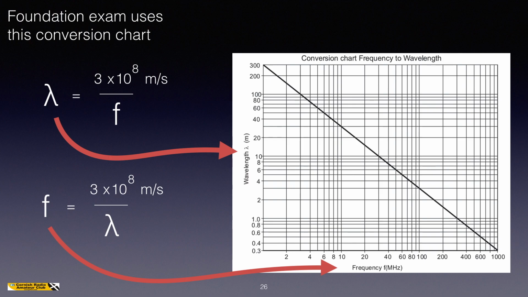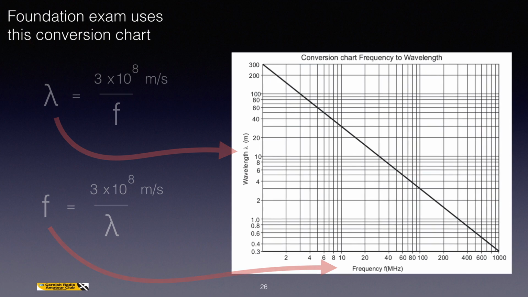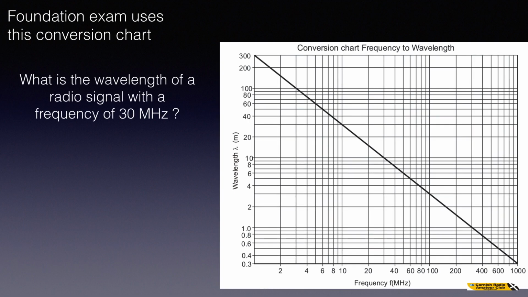Maybe it'll be clearer if I give you an example. So the foundation exam uses this chart, and the question might be, what is the wavelength of a radio signal with a frequency of 30 megahertz?